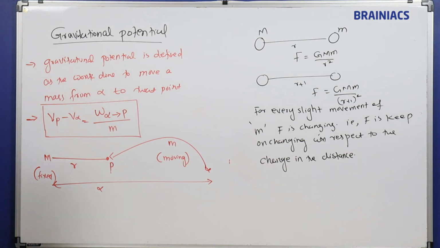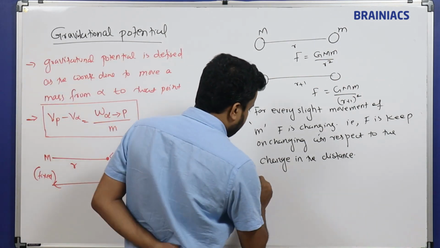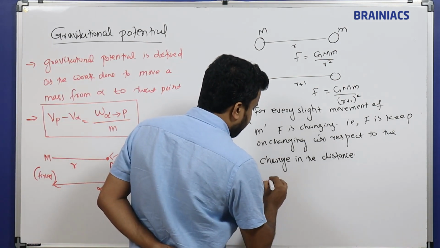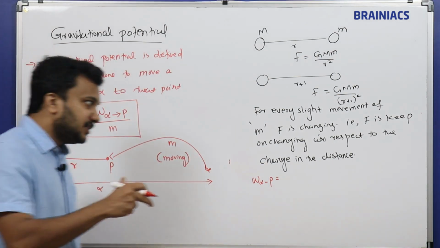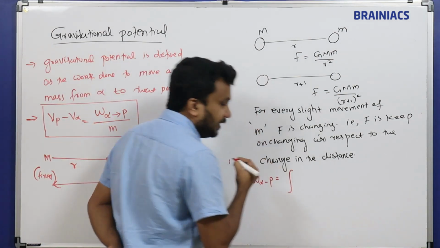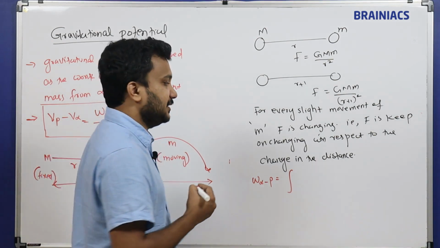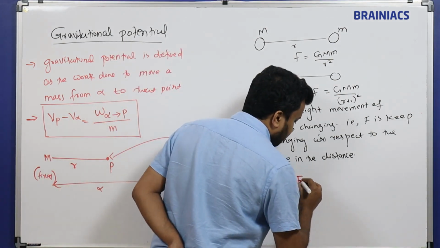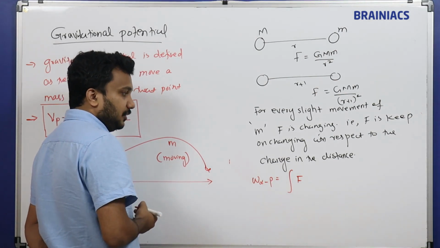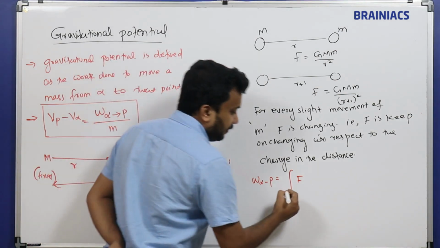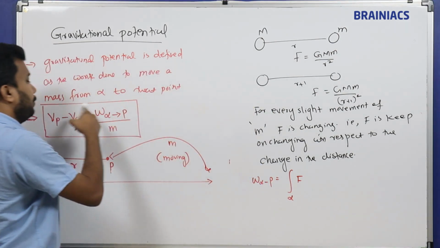In that case, how will we calculate the work? The work done from infinity to the point P, since force is changing, means integral F dot dx. We want to find the work. So integration from where to where are we moving? Infinity to the point P.